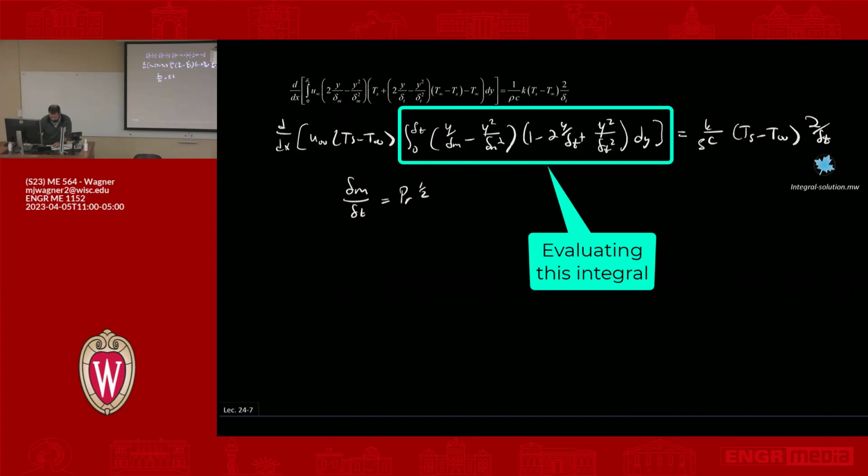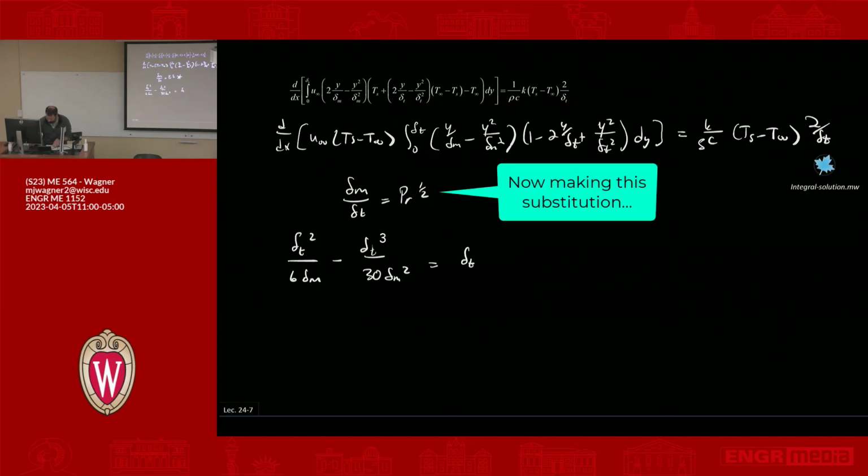We would get delta t squared over 6 delta m minus delta t squared over 30 delta m squared equals delta t times 1 over 6 square root of Prandtl minus 1 over 30 Prandtl.